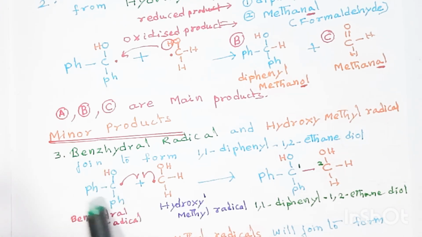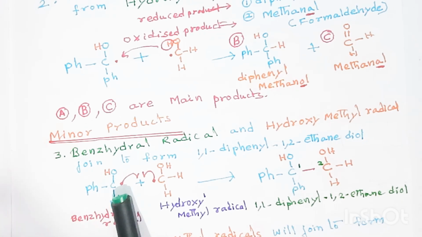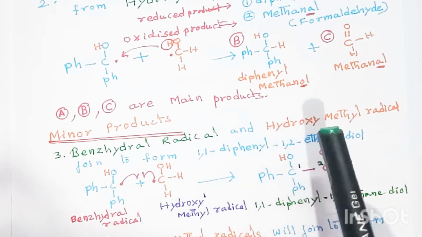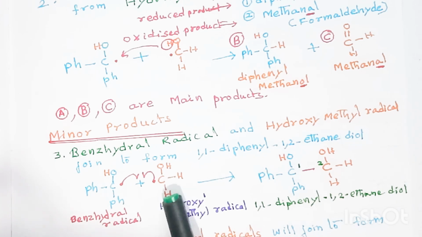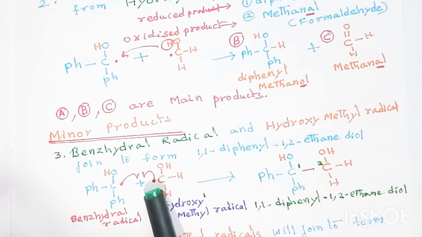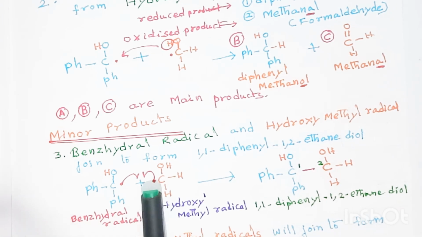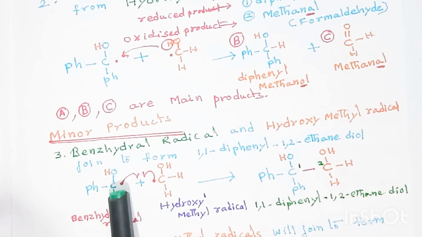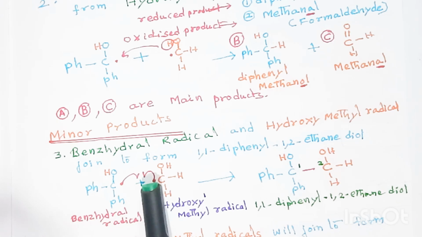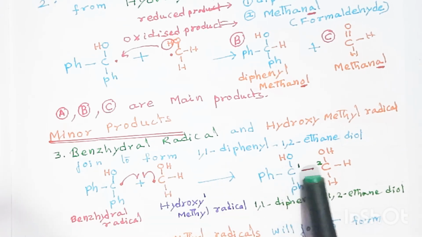This is the benzhydryl radical, Ph2COH radical. Hydroxymethyl radical is this, CH2OH radical. This radical and this radical will join together to form a new bond here.